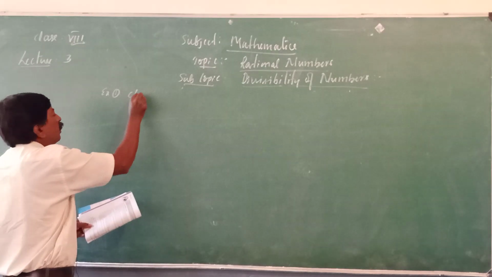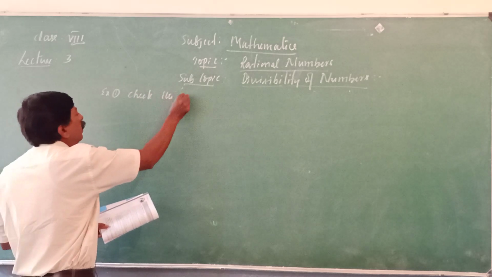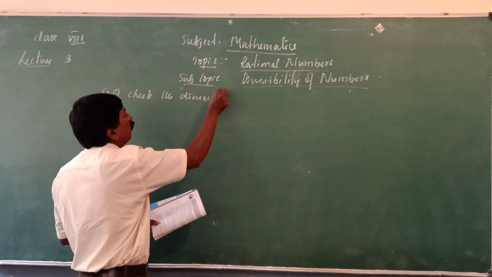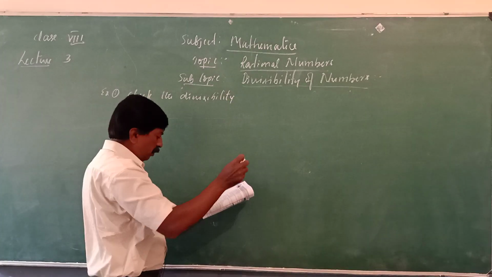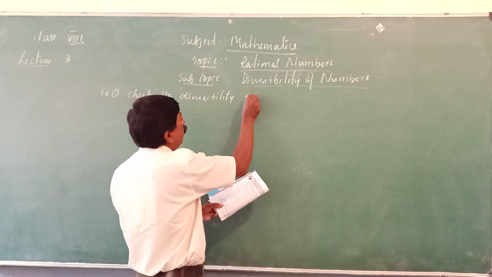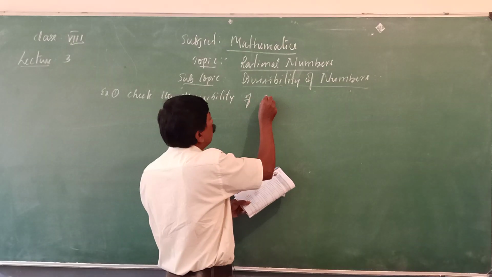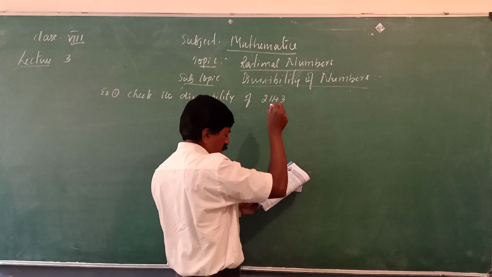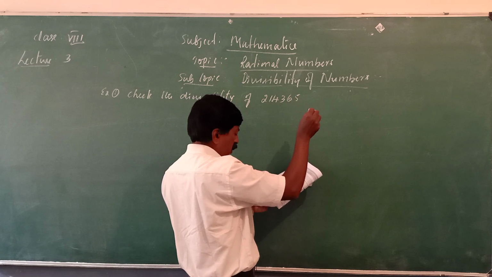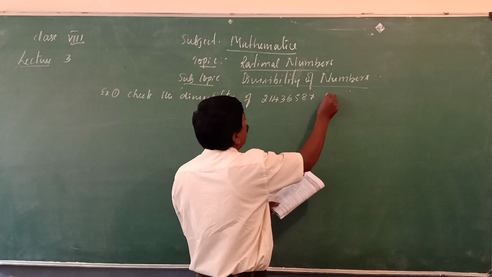Check the divisibility of the given number 2 1 4 3 6 5 8 7 by 9.